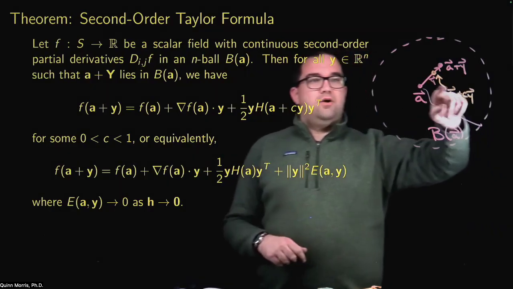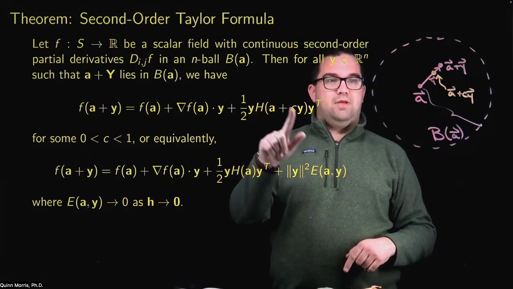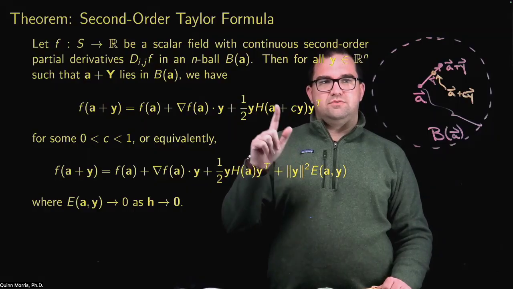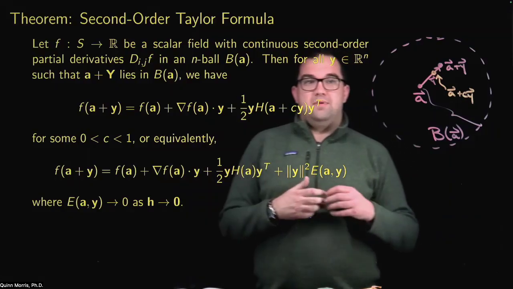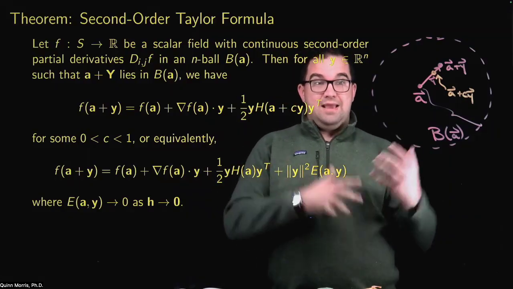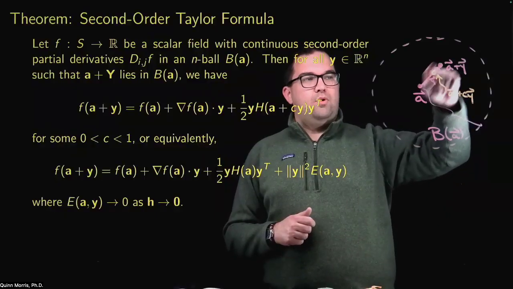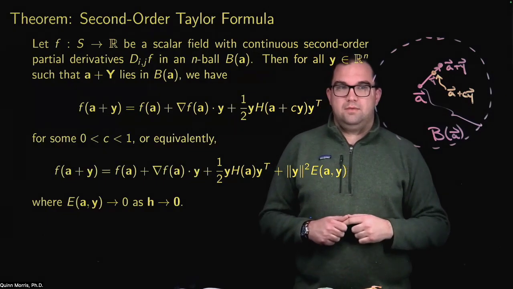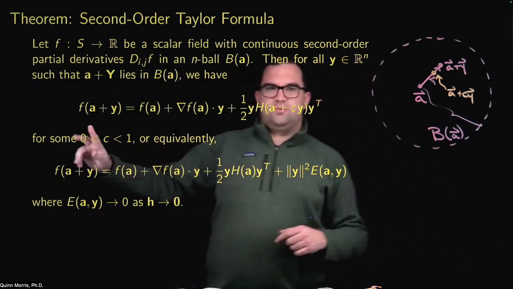You restrict it there, and then this is really just some point between A and A plus y. This is really starting to look like that Taylor's theorem that we saw earlier, where I had an f double prime of some point c that was between A and A plus h. Well, now I'm just writing A plus cy to represent some point on the line segment between A and A plus y.